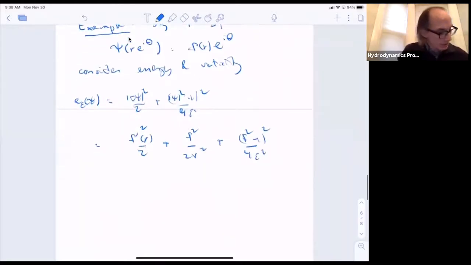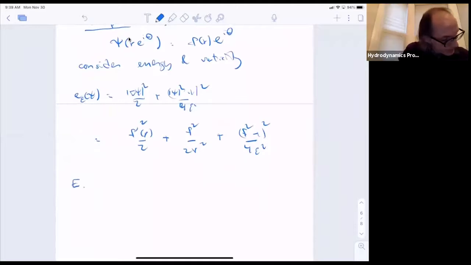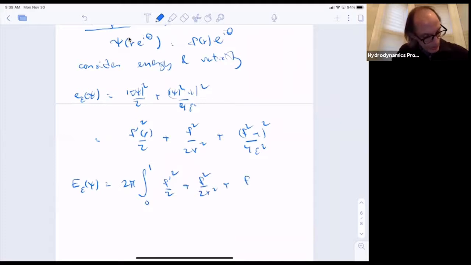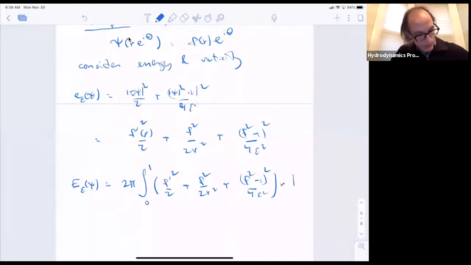Okay, so then the integral will be 2 pi when I integrate out the angular variable, times the integral from 0 to say 1 of f prime squared over 2 plus f squared over 2r squared plus (f squared minus 1) squared over 4 epsilon squared, at r dr, and I already integrated with respect to theta.